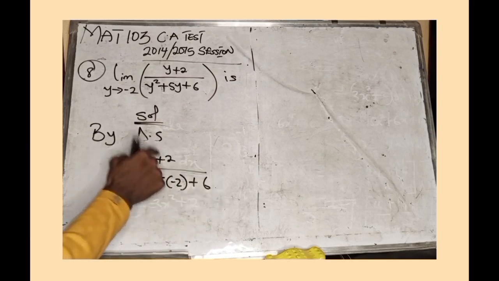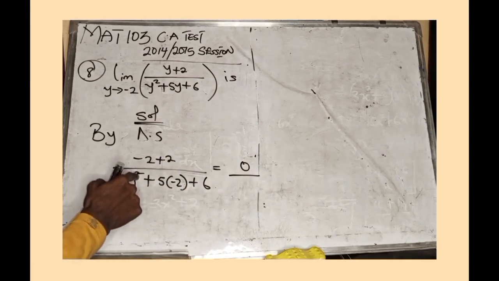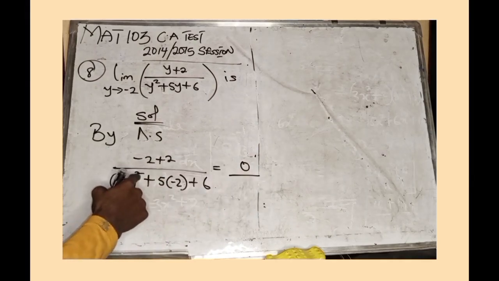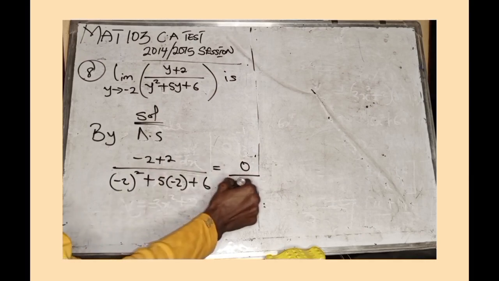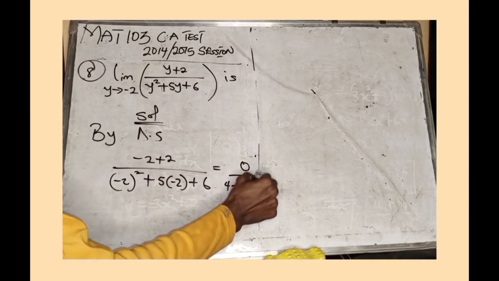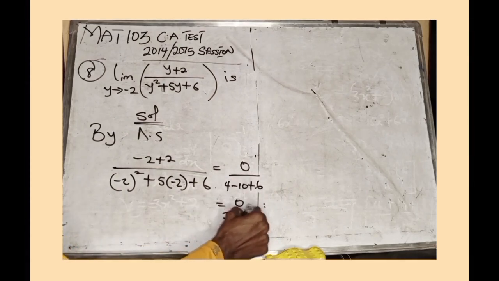Minus 2 plus 2 is 0, divided by minus 2 squared, which is 4. Then here is minus 10 plus 6. So I have 0 all over minus 6 plus 6, which is 0 over 0.